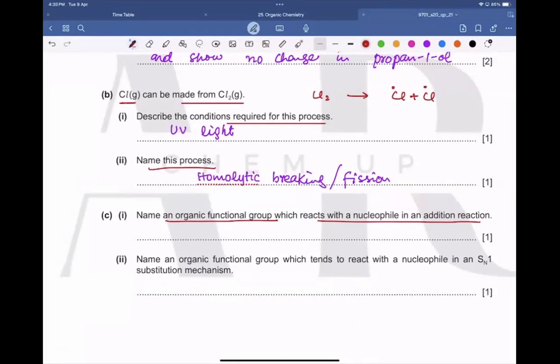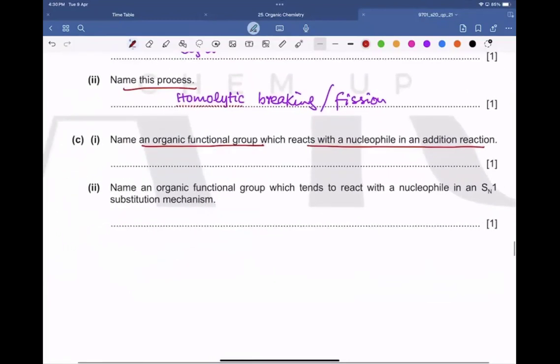Yes, very good. Ishel, CN is a nucleophile, if it would have a positive charge. Yes. So it's an aldehyde, right? Or a carbonyl, or you can write ketone. All are the functional groups which can undergo nucleophilic addition reaction.